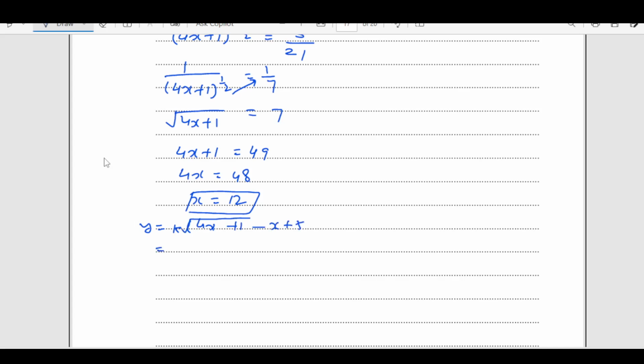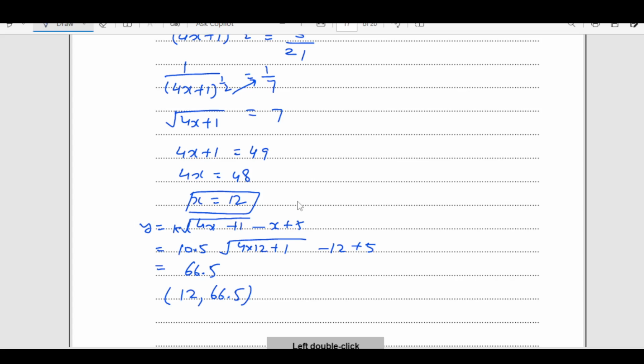So k is 10.5, and 4 times x, which is 12, plus 1, minus 12 plus 5. Just calculate this and it comes out to be 66.5. So our coordinate is now 12 and 66.5.